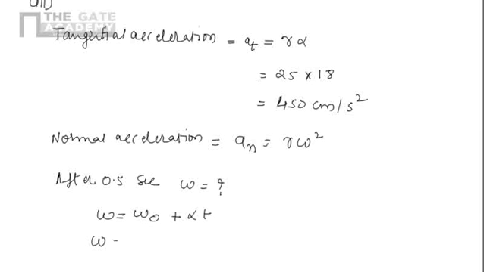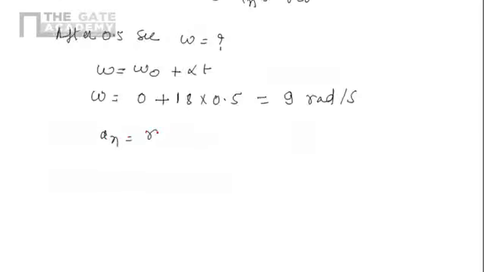Omega initially is 0 plus alpha, we know it is 18 here, and t is 0.5, so omega will be 9 radian per second. So the normal acceleration r omega square, we can write, is 25 into 9 square, so it will come 2025 centimeter per square second.